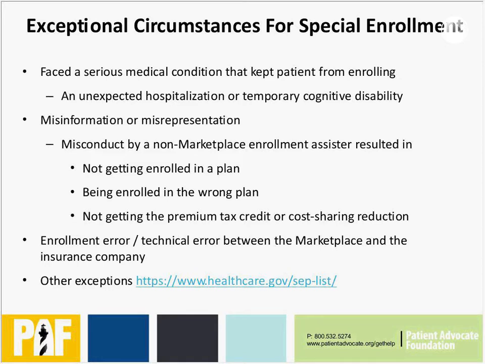Or if there's an enrollment error, a technical error between the marketplace and the insurance plan, and they don't receive your enrollment. There's a complete list of exceptions available at healthcare.gov at the link posted here.